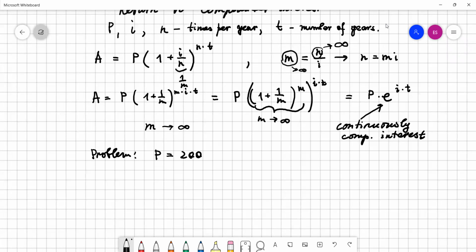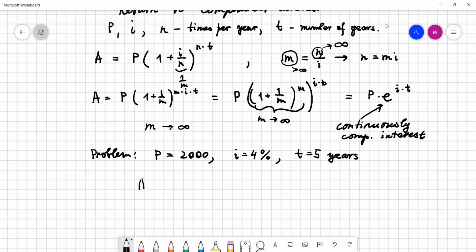Principal is 2,000. Interest rate is 4%. T is 5 years. Before, we needed to know how many times you compound during a year, right? Quarterly, for example, we had a question about quarterly compounding. But now, because the number of times goes to infinity, it disappears from the formula.